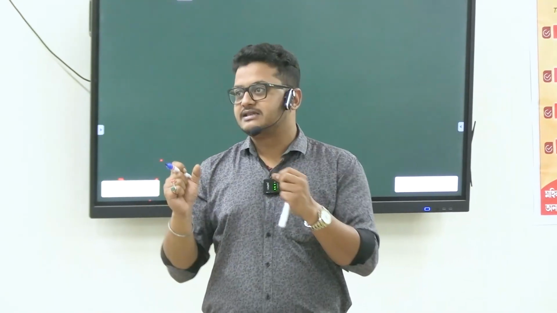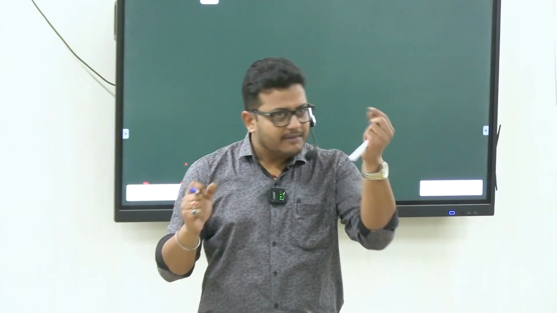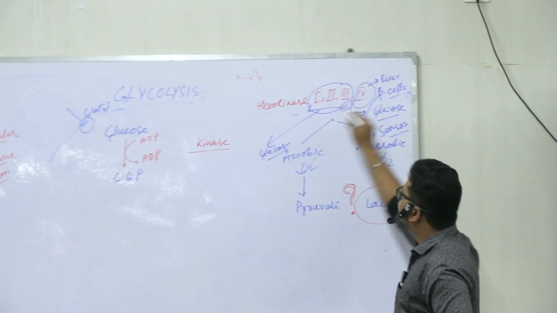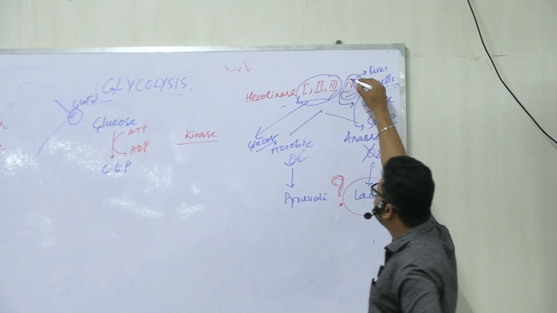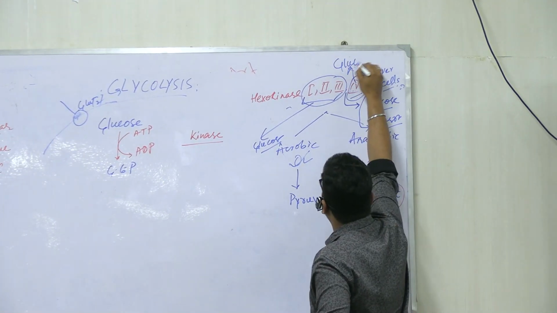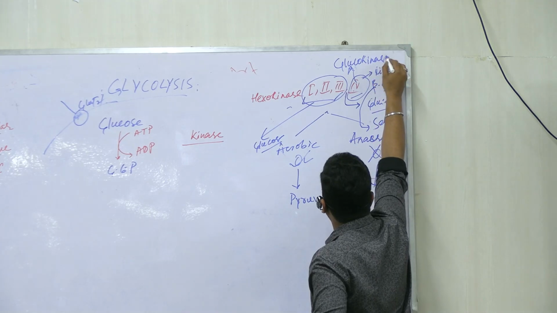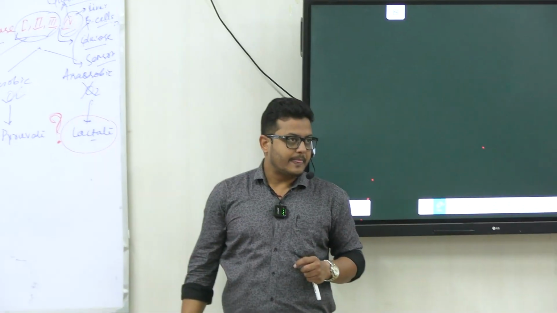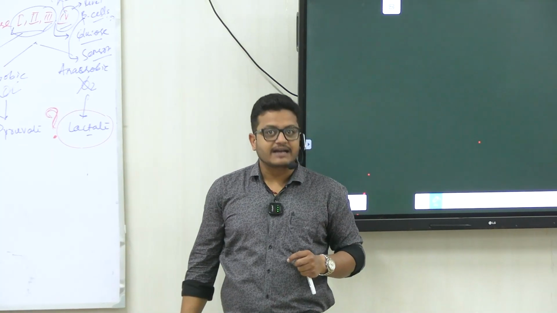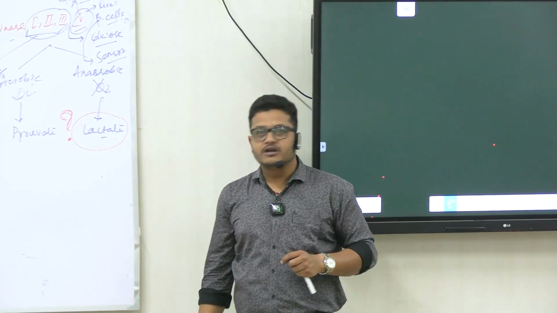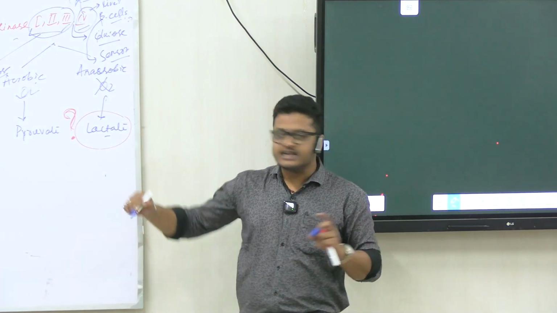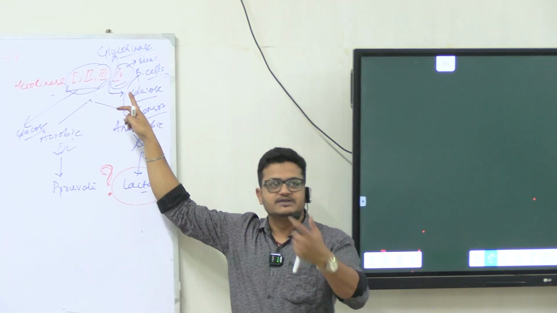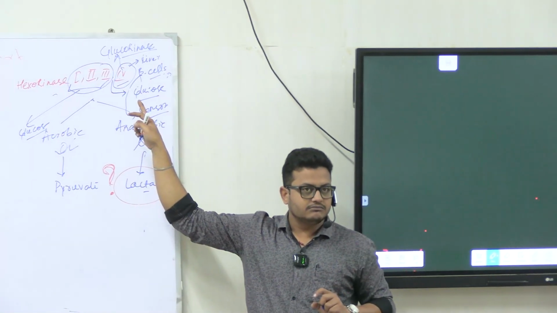Same like that, hexokinase isoform number 4, also called glucokinase, is present in liver cells and beta pancreatic cells. It also acts as a sensor for blood glucose level and is responsible to release insulin accordingly.